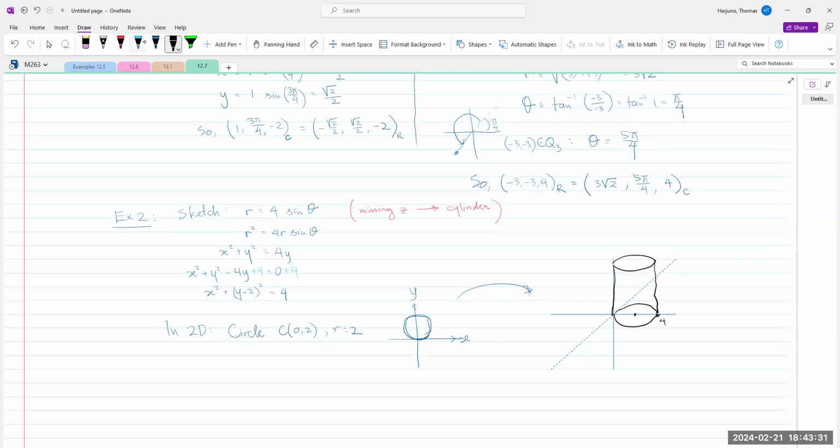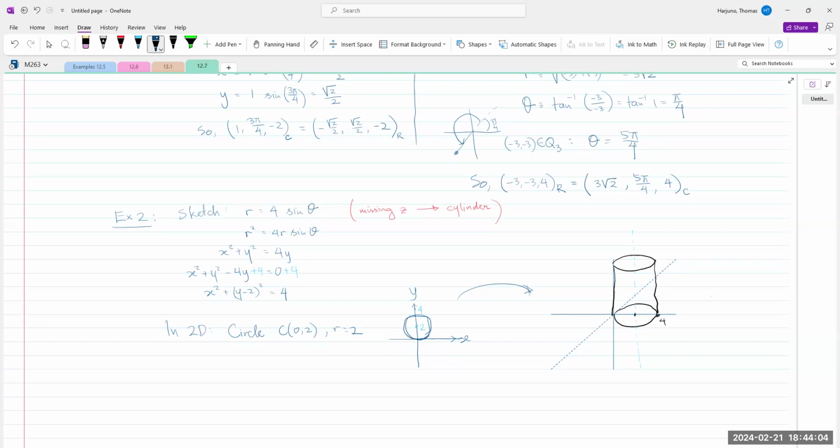Okay, and this is the axis of that cylinder. Now one of the edges here happens to touch the z-axis. So yes, it has a lot to do with what you know about the polar coordinate system.